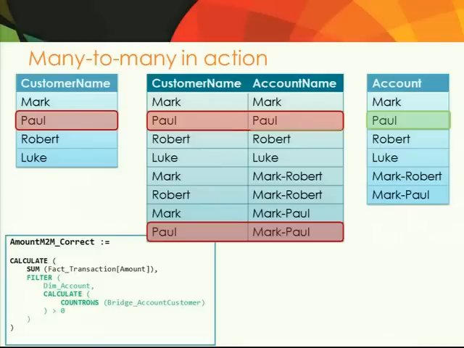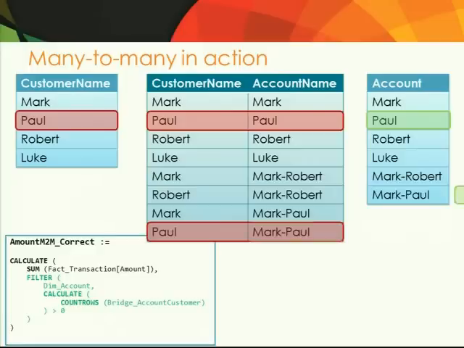Then we have Paul. Paul filters Paul. Now the intersection is 1 row. So count rows equals 1. And since count rows equals 1, Paul survives the filter. We make the same for Robert. We trash it. Luke, we can trash it. Mark Robert filters 2 rows. Nevertheless, the intersection is still the empty set.